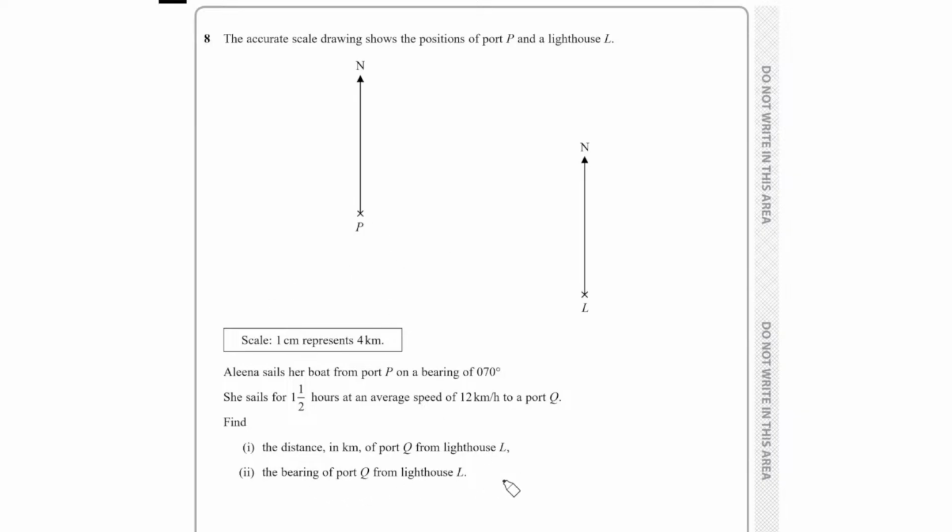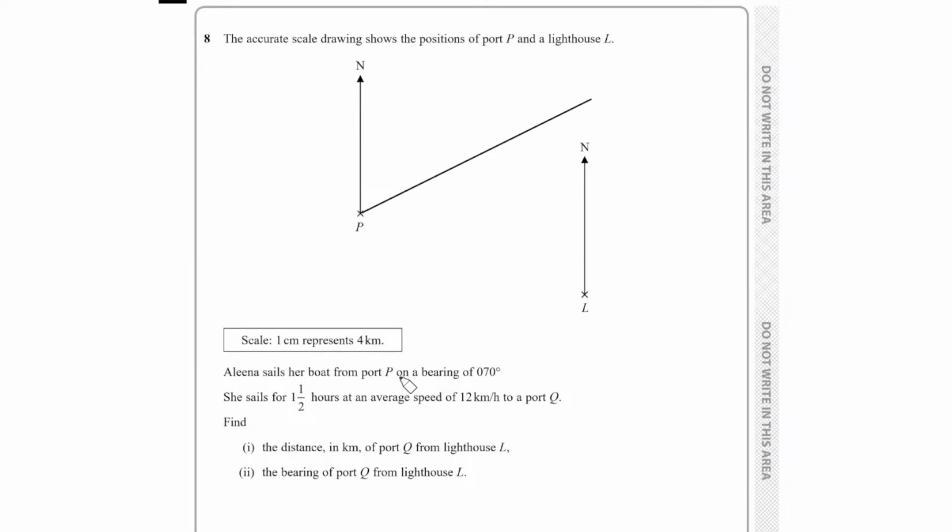So what you would do first is get your protractor, and measure 70 degrees. Now, obviously I don't have a protractor, but roughly, if that's 90, let's say 70 is like that. With bearings, we're always measuring from the north line.